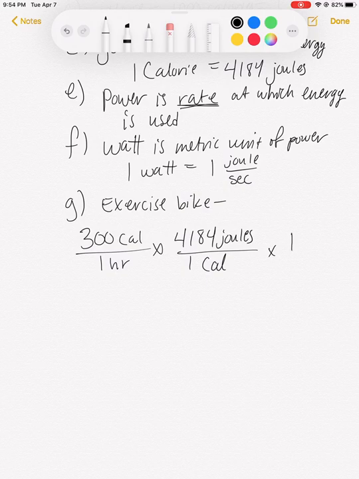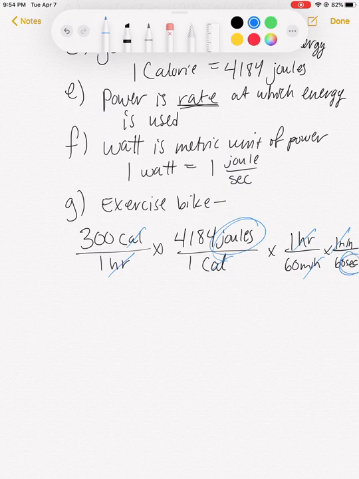We could do 1 hour in the numerator for 60 minutes in the denominator, multiply by 1 minute for every 60 seconds. Then we'll get to our seconds because these will cancel: hours and hours, calories, calories, minutes and minutes. So we have joules and seconds left, okay?